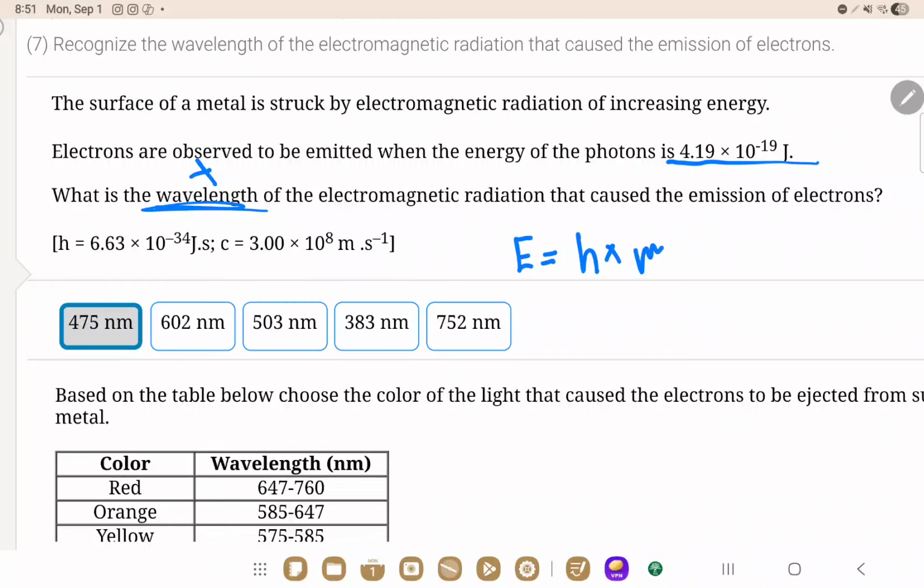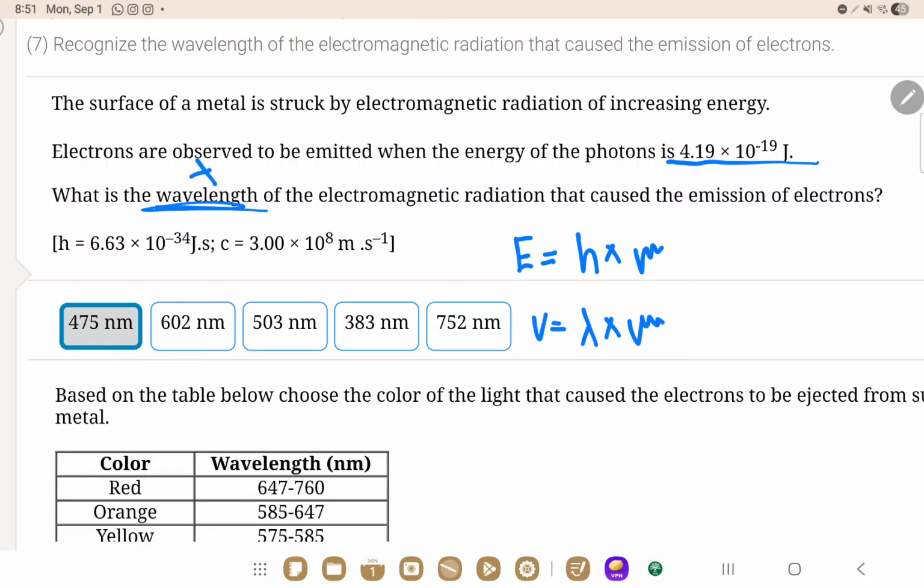So we have this equation, and we have another equation that we've taken in chem, which is speed equals frequency times wavelength.